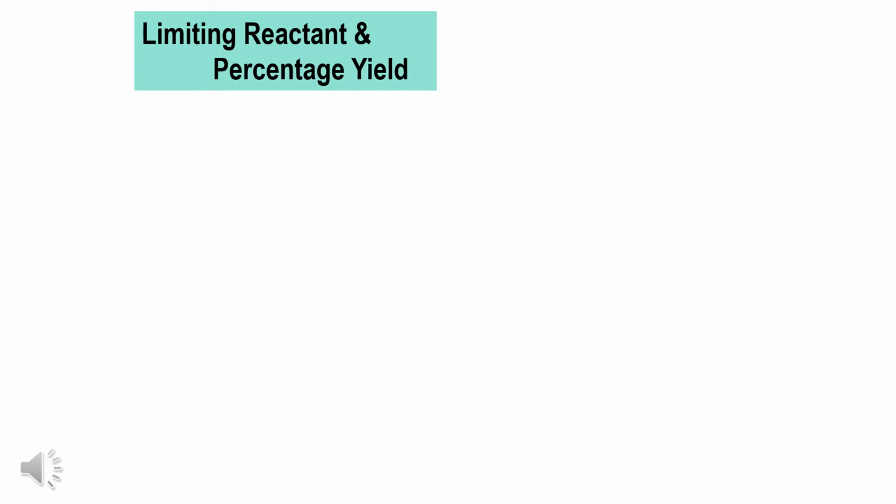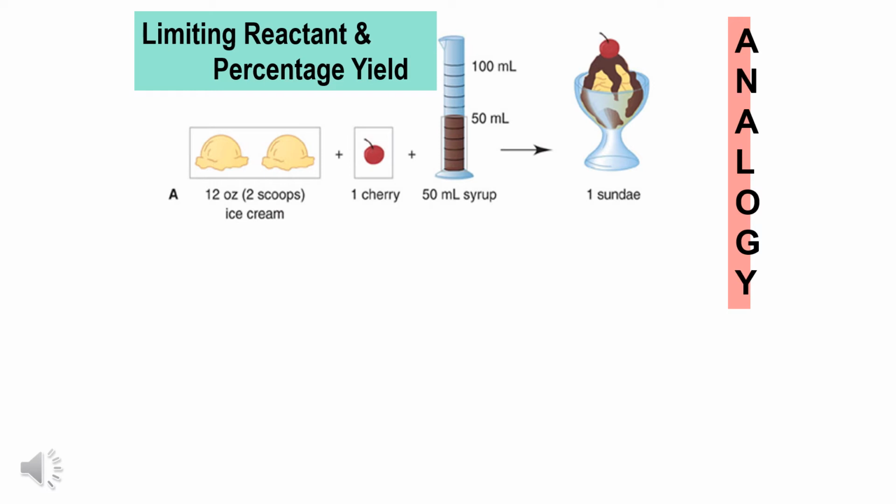Next, limiting reactant and percentage yield. We use an analogy to explain limiting reactant and percentage yield.